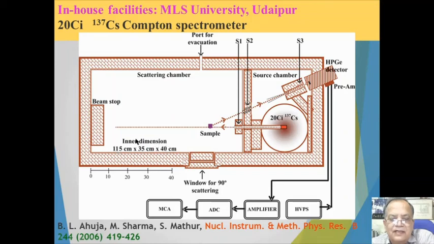These are the inner dimensions, and this bricked area which you are looking at is massive lead shielding. This depends upon the particular region you want to shield. This is about 7 centimeter, and here you have an additional beam stop, an additional brick, because the radiations can just go like this, so you need to stop those radiations for biological shielding.